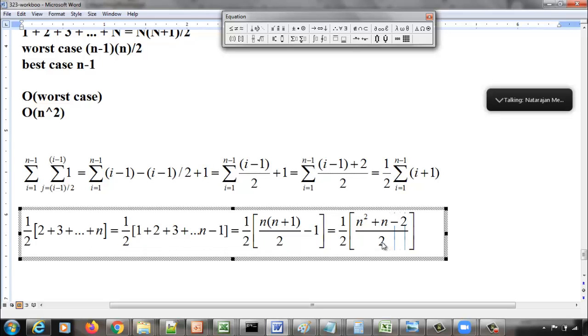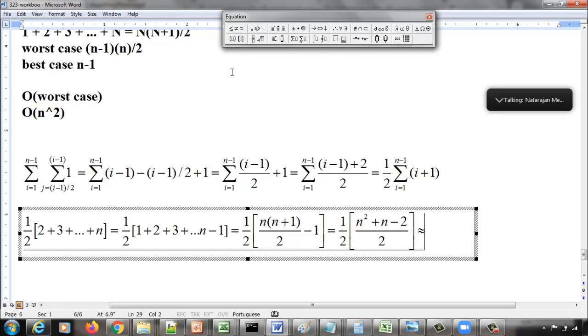Now asymptotically, as n increases to infinity, we can discard all the lower order terms and keep only the higher order term. With 2 times 2 in the denominator, that is 4, and discarding all the lower order terms, you are simply left with n square.